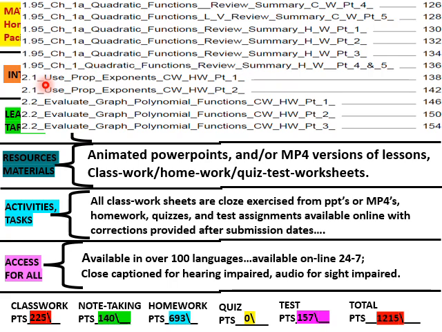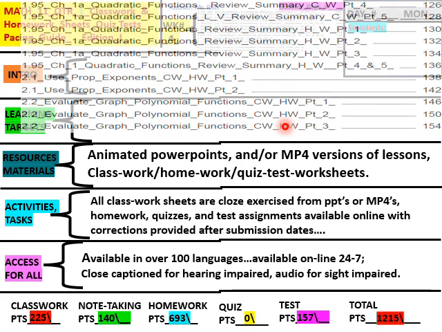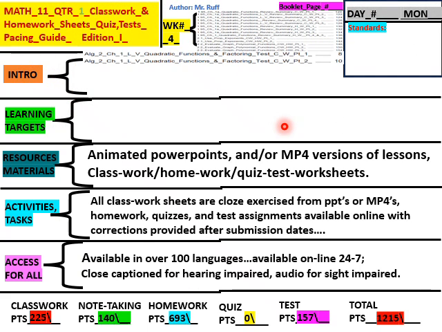And then we go into Chapter 2.1, Use Properties of Exponents, classwork and homework Part 1, Part 2. Then we go into 2.2, Evaluate and Graph Polynomial Functions, classwork and homework Parts 1, 2, and 3. Okay, so that's on the agenda for Week 4.